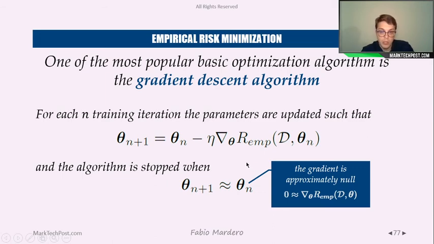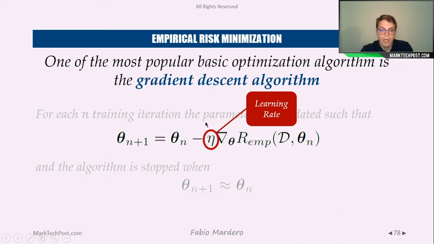Why am I sure that this would be a minimum and not a maximum? Because of this sign. And this number here is called the learning rate. So we are applying our learning rate to the gradient of the empirical risk function to adapt the parameters.